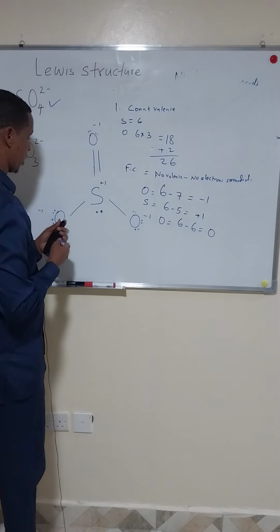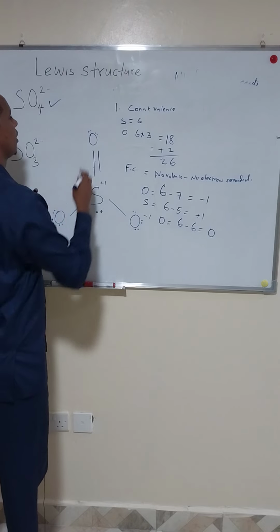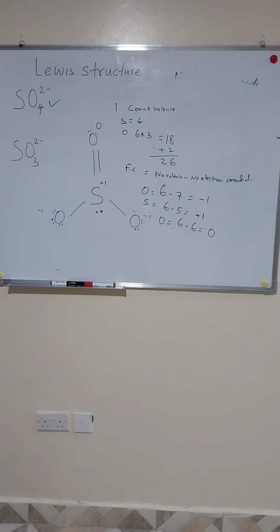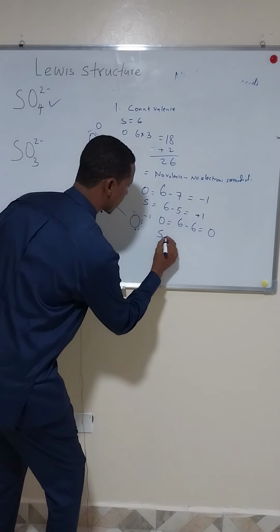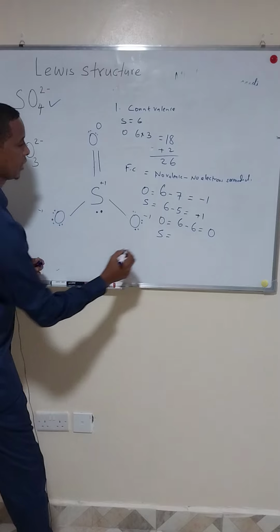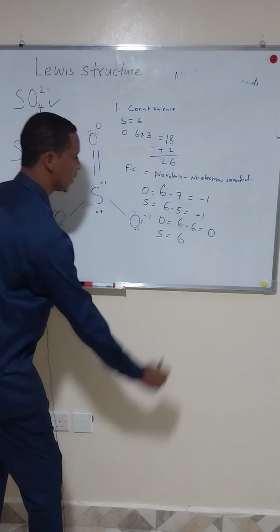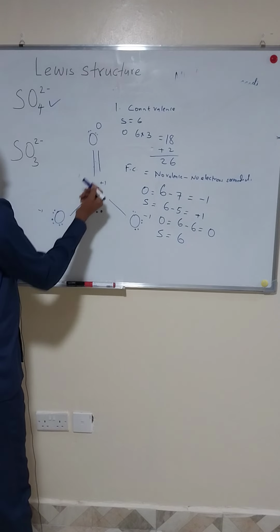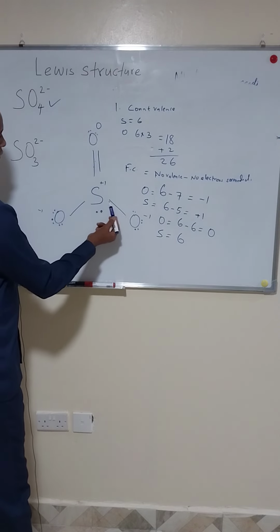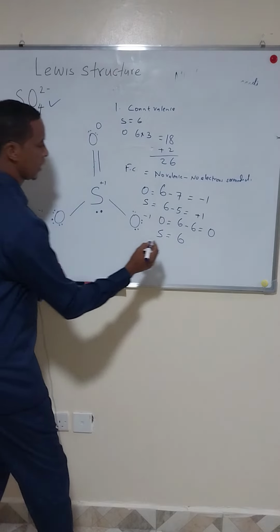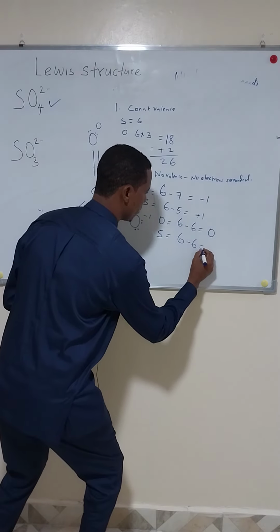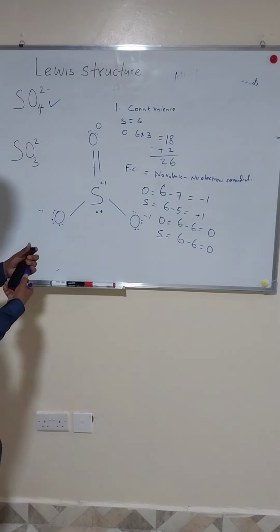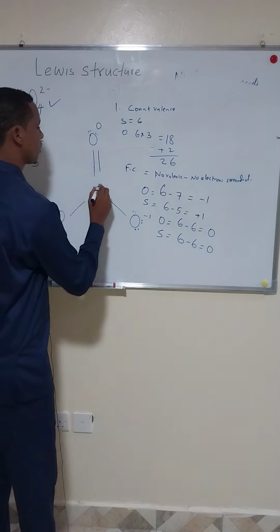So this oxygen will have a formal charge of 0. And sulfur will have 6, the number of valence electrons brought by sulfur, minus 6, which will be 0. So the formal charge of sulfur here is 0.